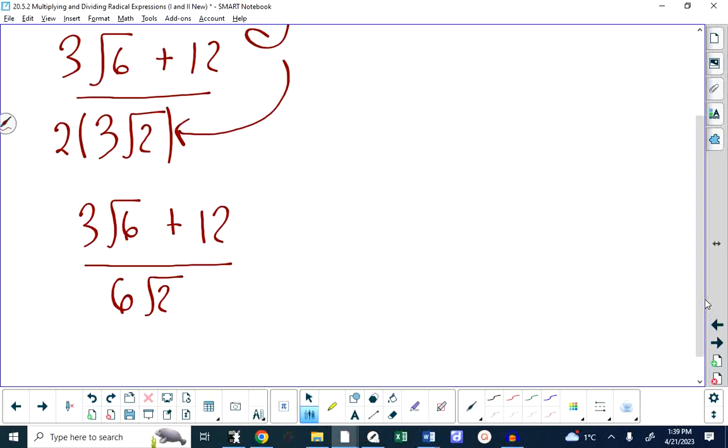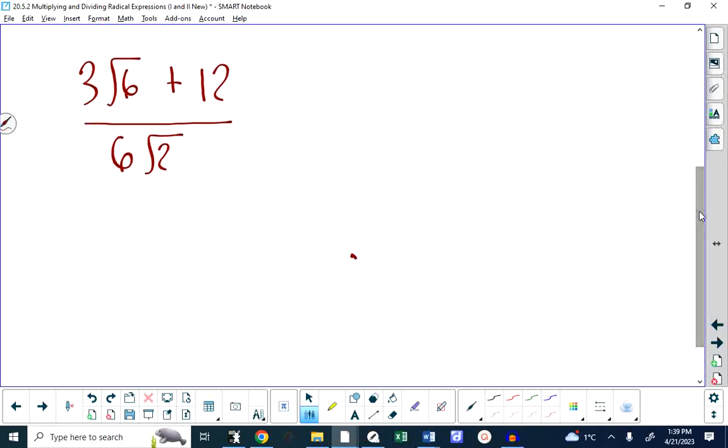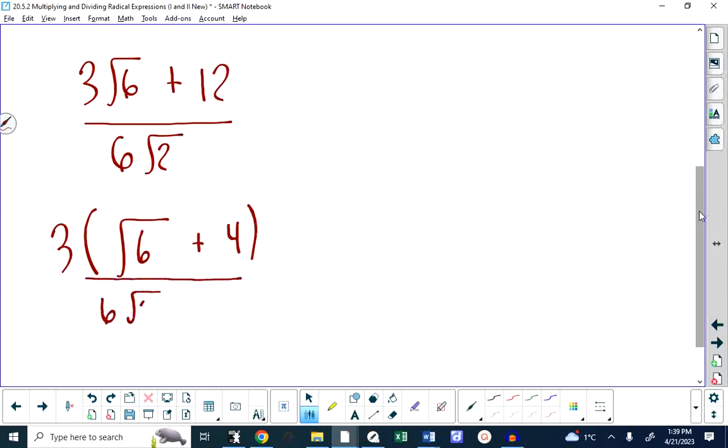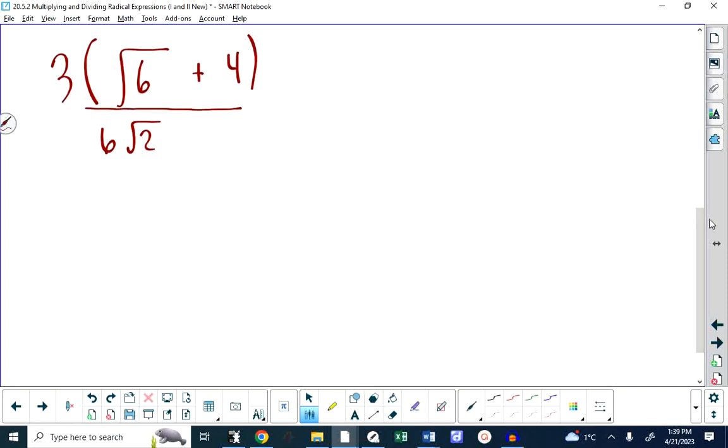So if you're that kind of person, you shouldn't be bothered by me factoring a 3 out of the top to get 3 multiplied by root 6 plus 4 all over 6 root 2, and then canceling the 3 in the 6 and getting root 6 plus 4 in the numerator and 3 root 2 in the denominator. So that's where we're at.